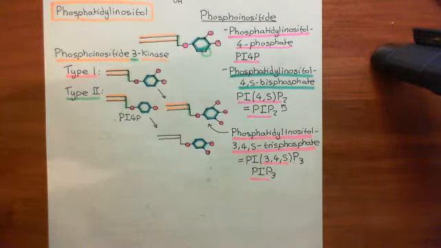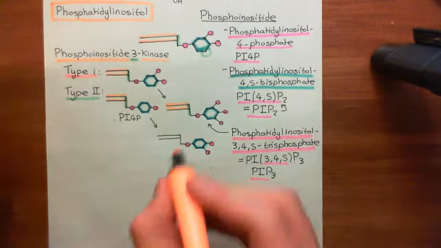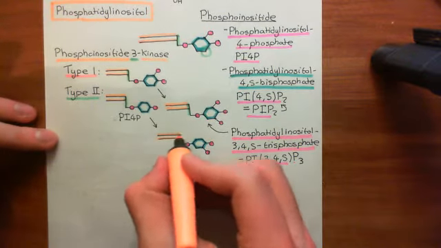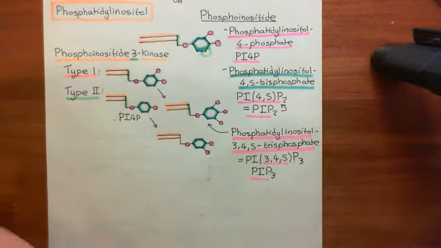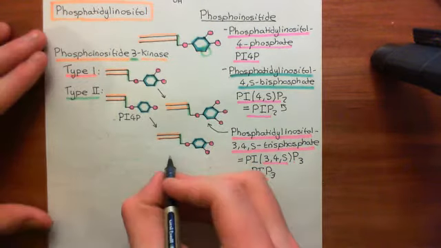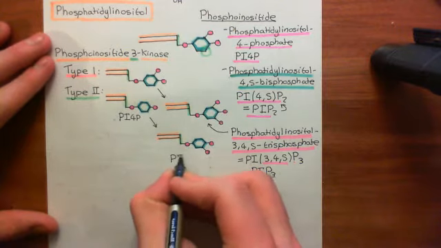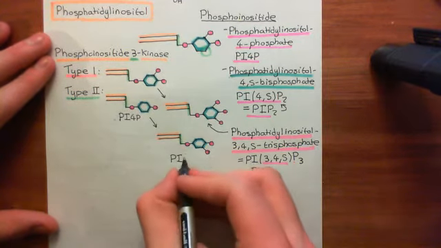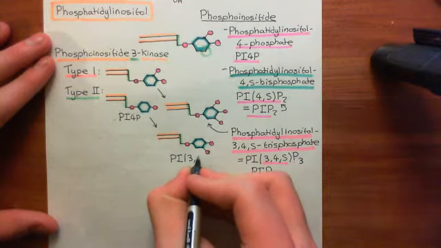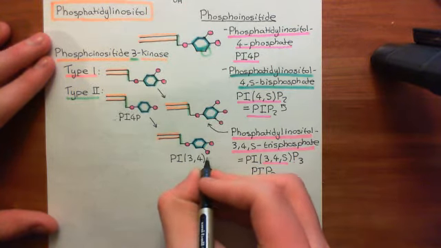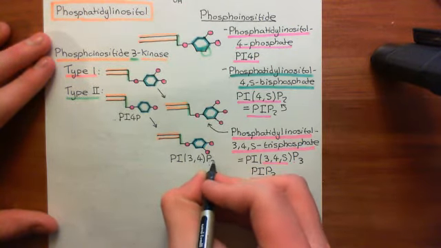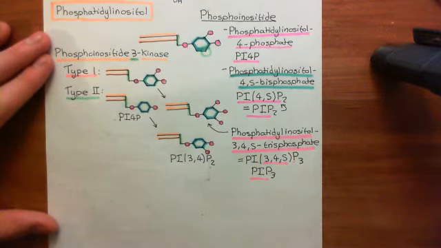And this is a different molecule to phosphatidylinositol 4,5-bisphosphate. So once again, here's the inositol ring in blue, here are the long-chain carboxylic acids in orange, and here is the glycerol molecule in green. So this is phosphatidylinositol, so PI, and now we've got phosphate groups coming off the 3rd and the 4th carbons of the inositol ring, and then we've got 2 of them, so PI34P2.